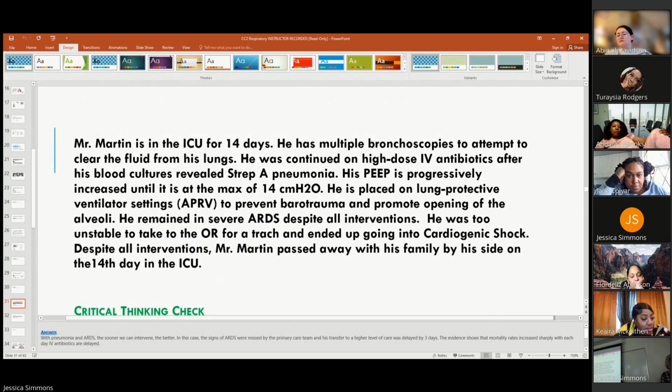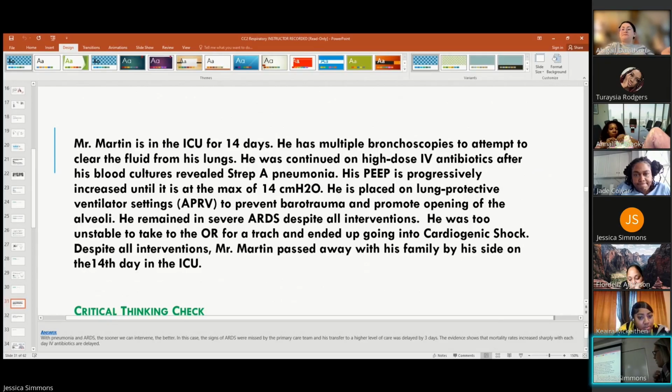So, Mr. Martin is in the ICU for 14 days. He has multiple bronchoscopies to attempt to clear the fluid from his lungs. He was continued on high-dose IV antibiotics after his blood cultures revealed strep A pneumonia. His PEEP is progressively increased until it is at a max of 14.